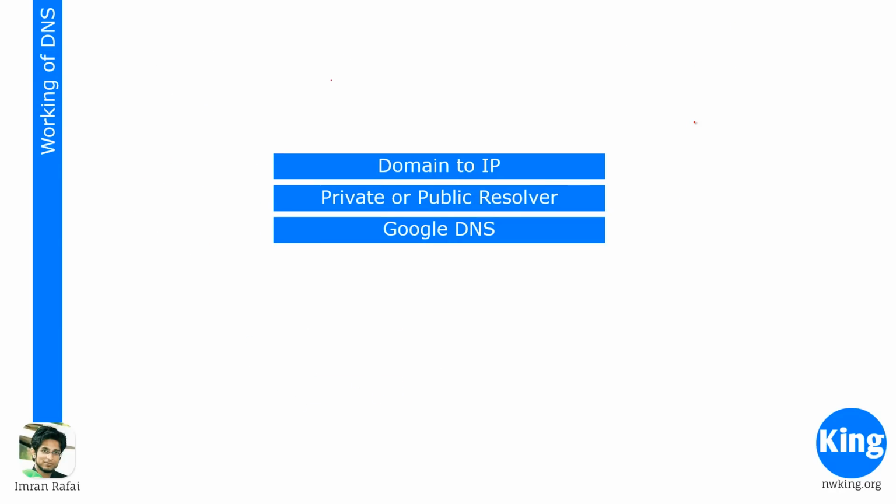Now let's come to DNS. So what is DNS? DNS, or domain name system, is a system where your domain names are converted to IP, right? So like we said, www.imran.com is something that we all remember. We remember domain names.